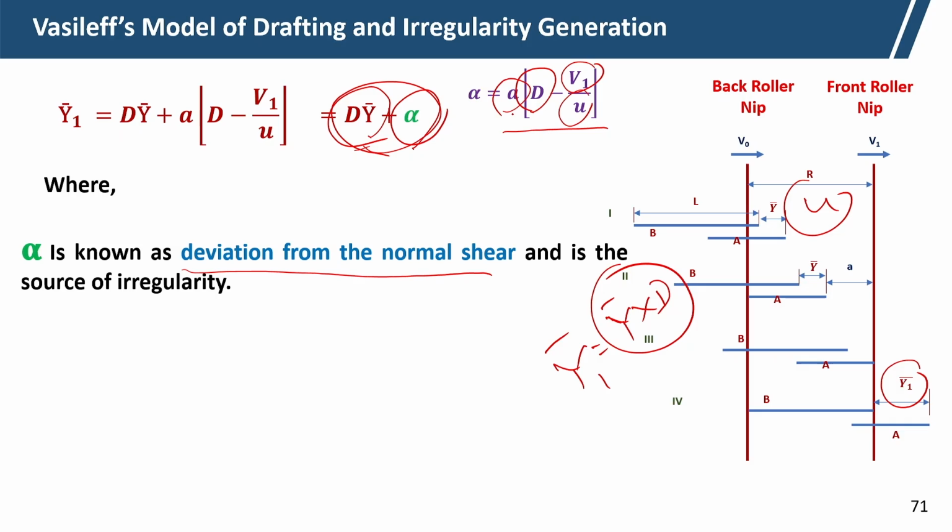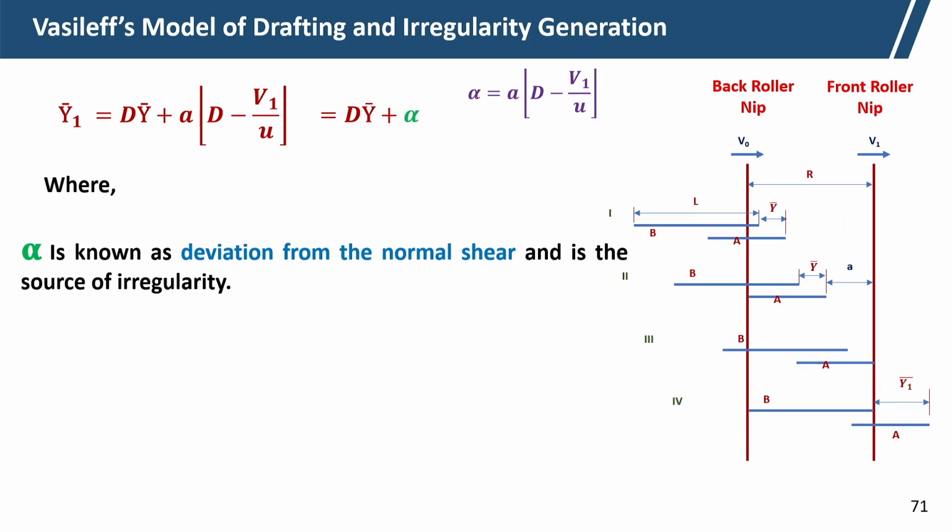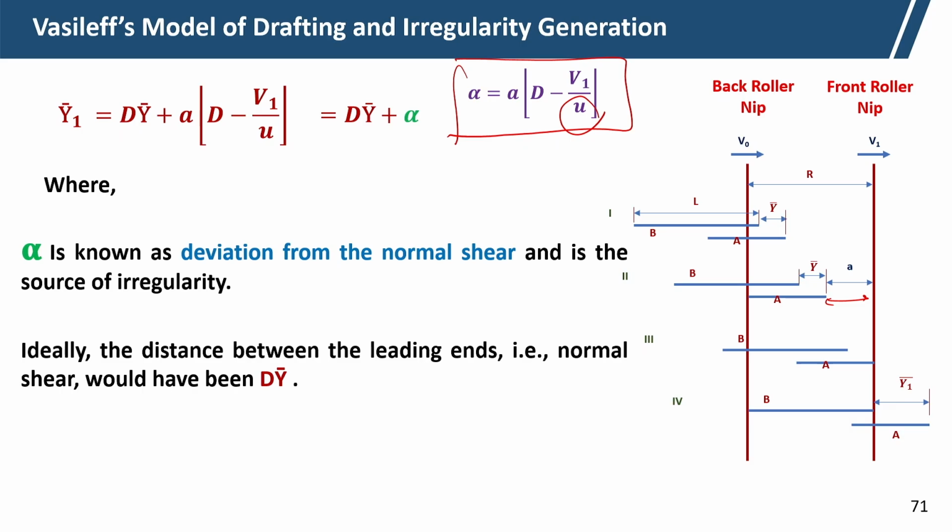So, this is the deviation here. This deviation is a function of the draft, mainly the floating fiber movement and how much it is travelling. So, the more distance travelled by the short fiber, the more the deviation will be. Ideally, the distance between the leading ends, that is normal shear, would have been d y bar, that is the ideal case.